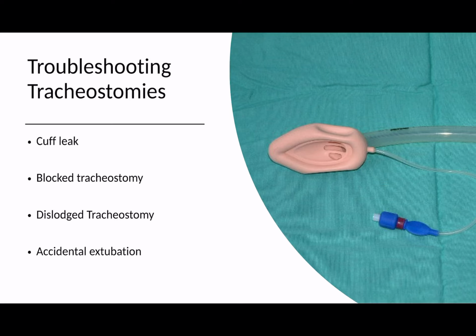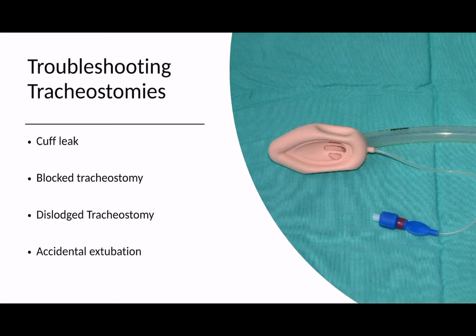Similar to with the endotracheal tube, it might be that the tracheostomy has come out a little bit of the trachea. And if it's come out a little bit, you might be getting a leak around the larger area of the soft tissues around the trachea. So if there's a cuff leak, either there's a problem with the cuff or the tracheostomy itself has pulled out a little bit.